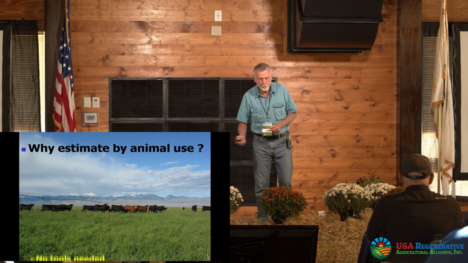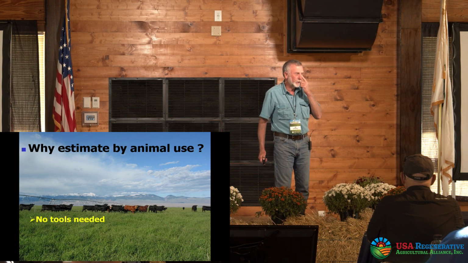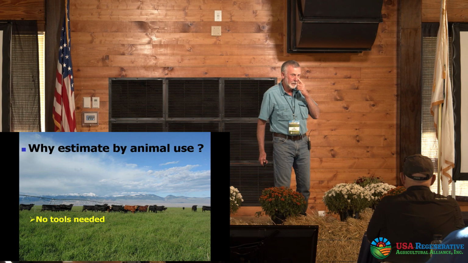Why estimate it by animal use? No tools needed. There's only one tool that I need to assess yield in a pasture now, and that is my eye. The trained eye.